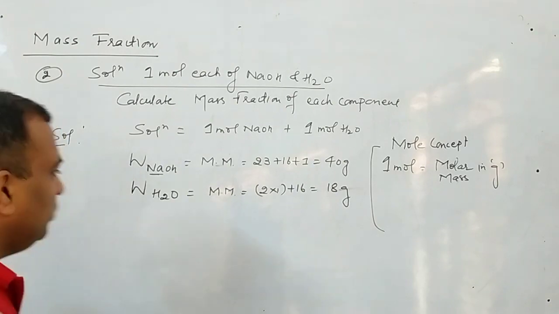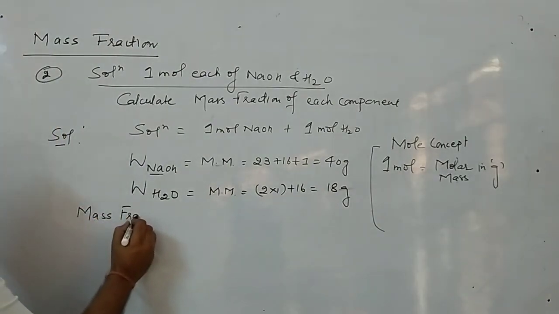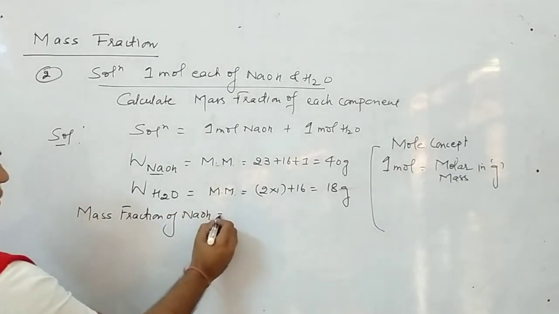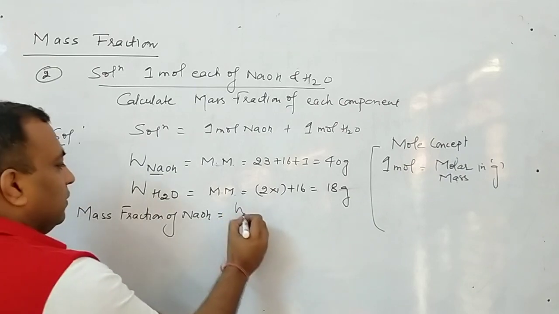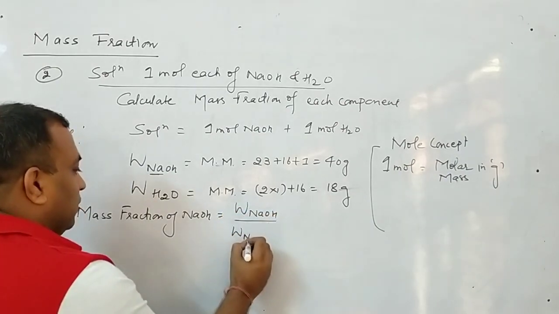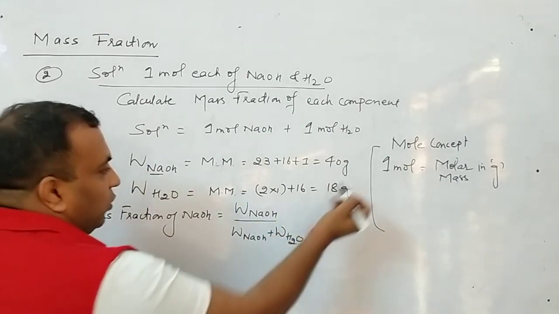Now we can apply the formula. Mass fraction of NaOH will be equal to mass of NaOH upon mass of NaOH plus mass of water. Okay.